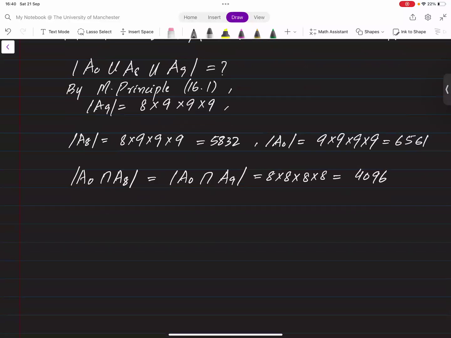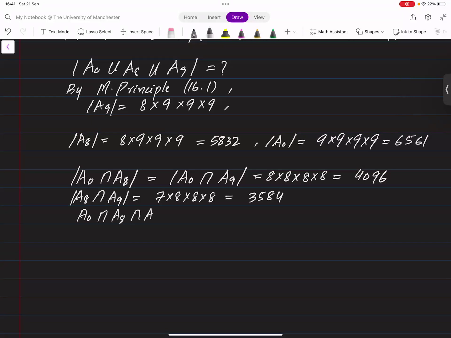And we have A8 intersection A9 with order 7 cross 8 cross 8 cross 8, and that is 3584. And similarly, the triple intersection has order 7 cross 7 cross 7 cross 7, so that is 2401.